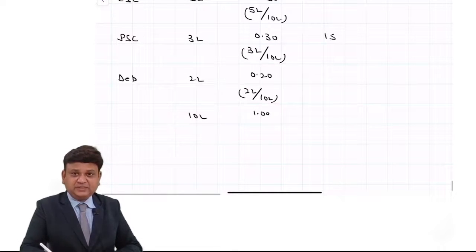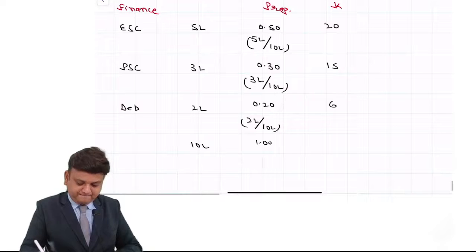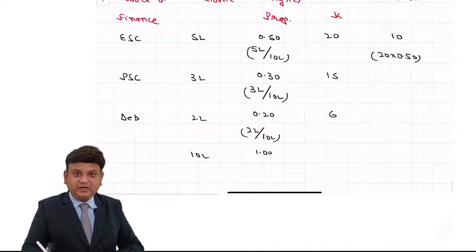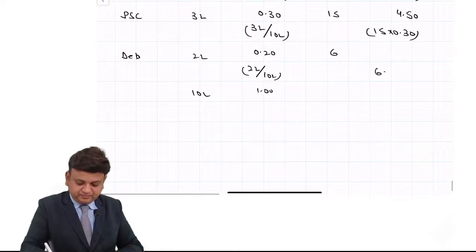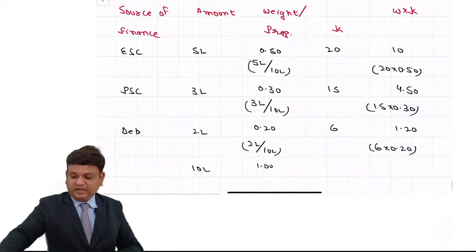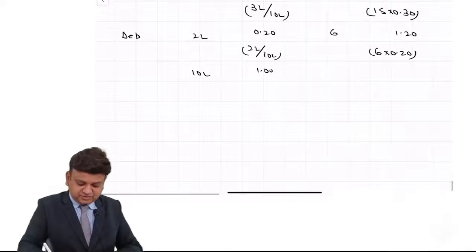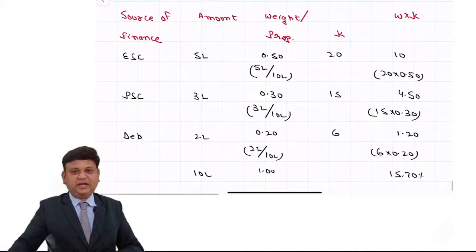Cost of preference share is 15% and cost of debenture is 6%. So 20 into 0.5 is 10. Fifteen into 0.3 is 4.5. 6 into 0.2 is 1.20. And the total of all of them will be the weighted average or overall cost of capital. That is 15.7%.